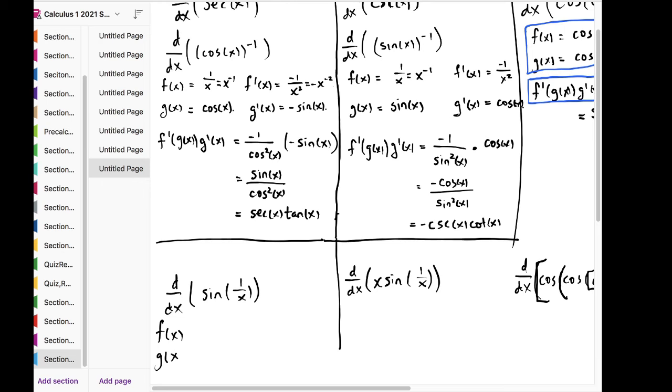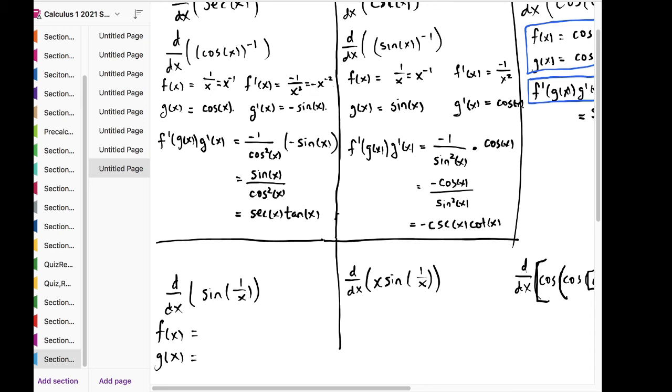What's f and what's g for sine of 1 over x? Yeah, they're not the same, but they're close, right?